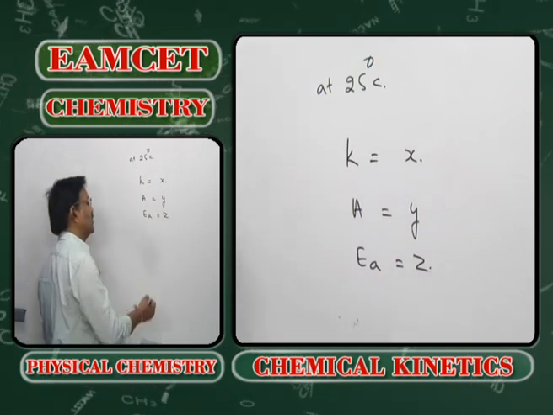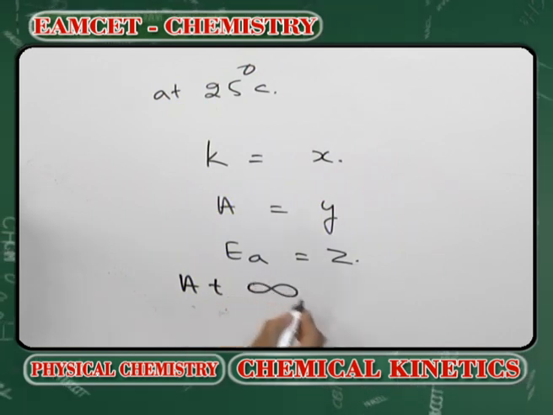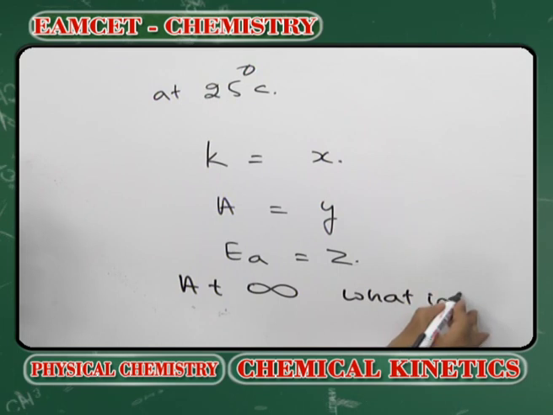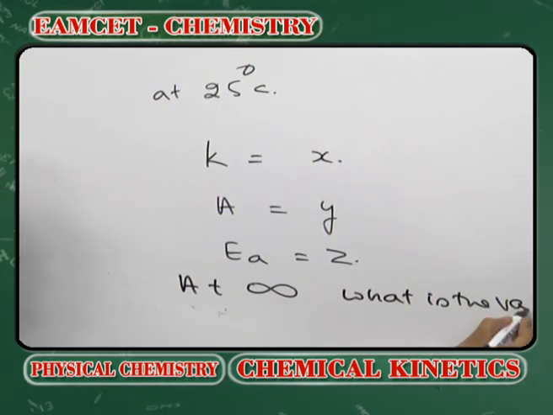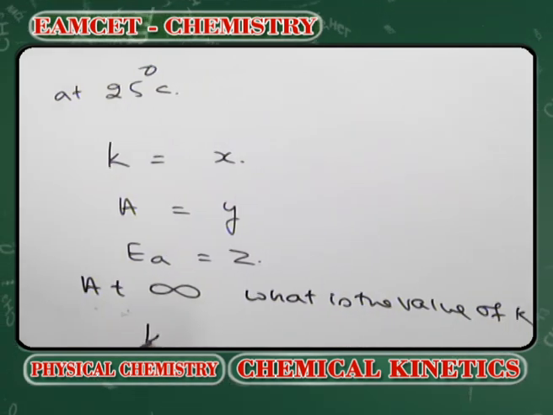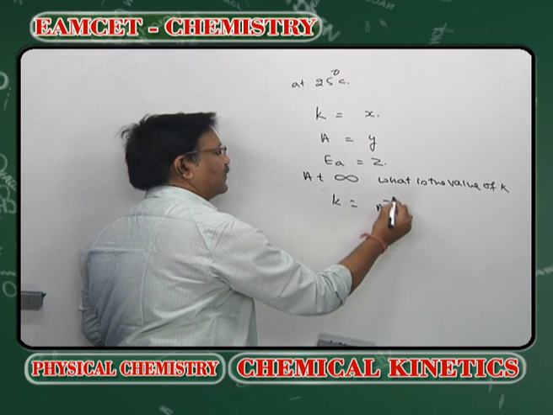Now what is the question? At infinity, what is the value of K? K is equal to A to the power of minus EA by RT.